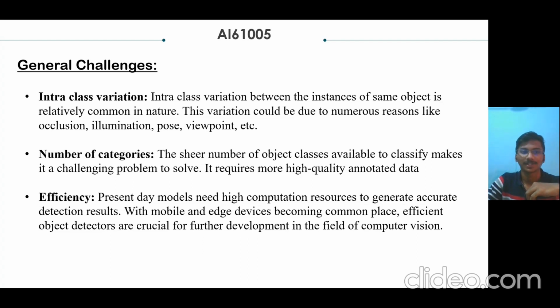And even in a traffic image or a video surveillance task, there can be a number of faces or classes to be detected and classified. It requires high quality annotated data as well as very large and accurate models.